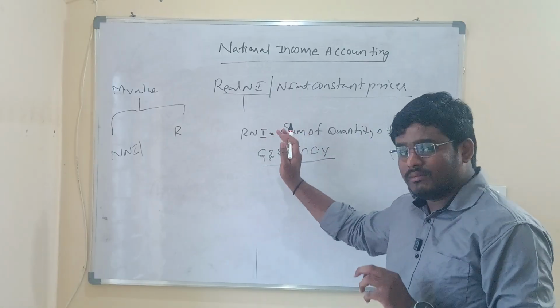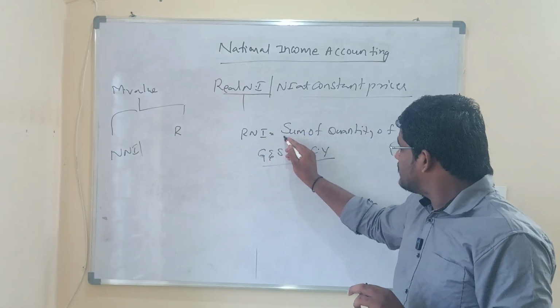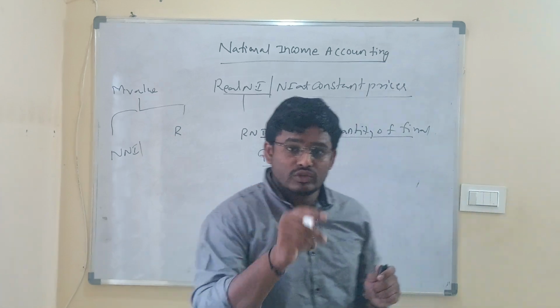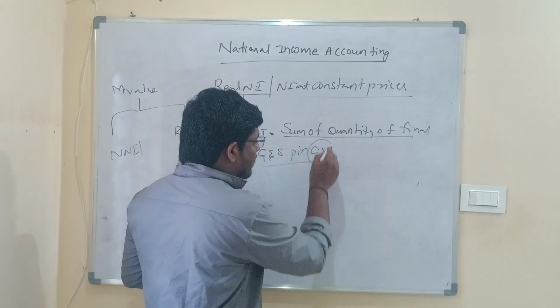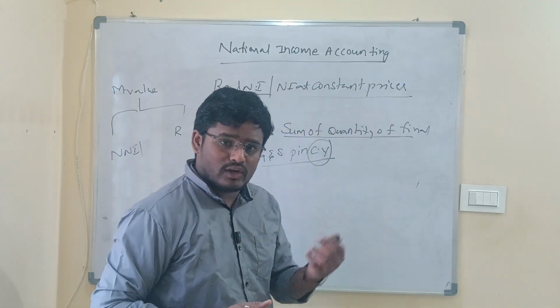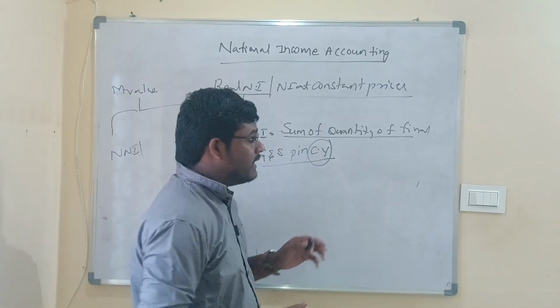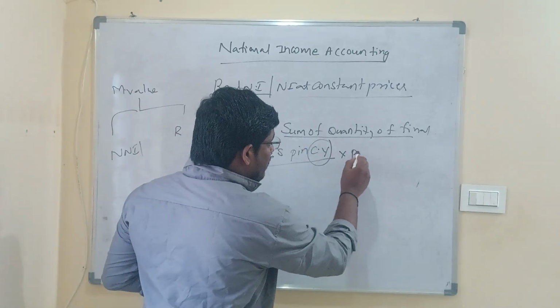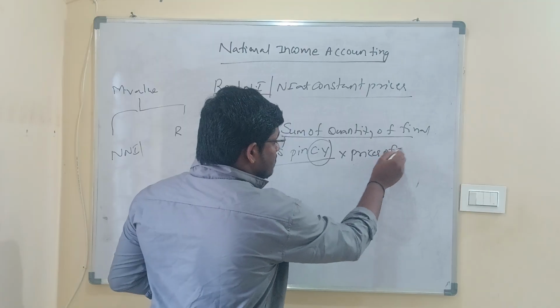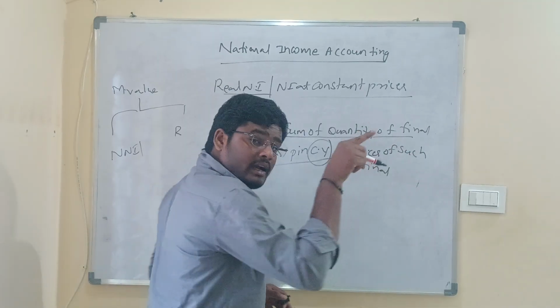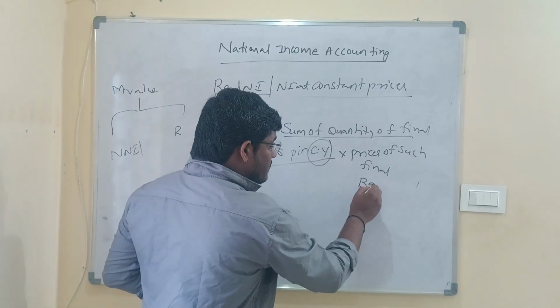So real national income is the sum of the quantities of final products produced in the current year, the year for which I want to calculate the national income, or the reference year, multiplied by prices of such final products not in the current year but in the base year.